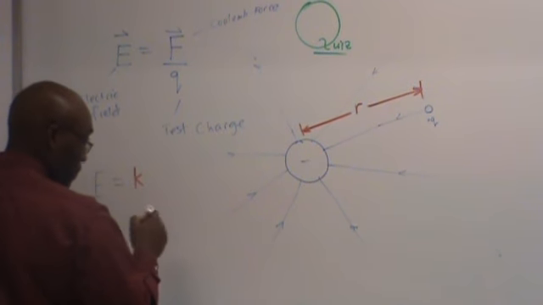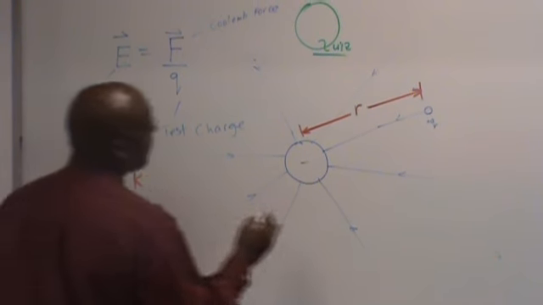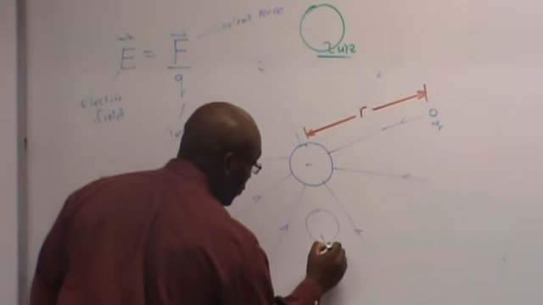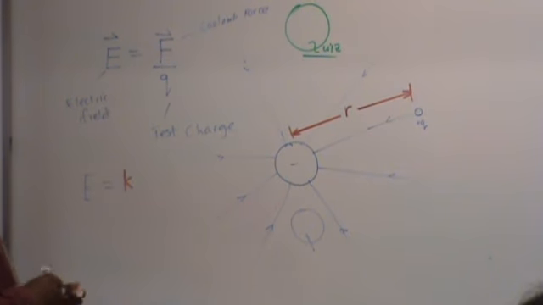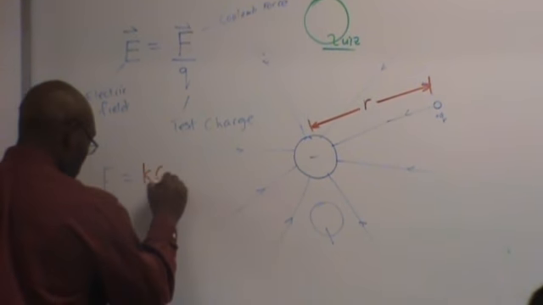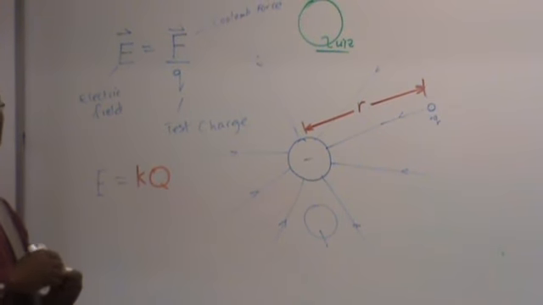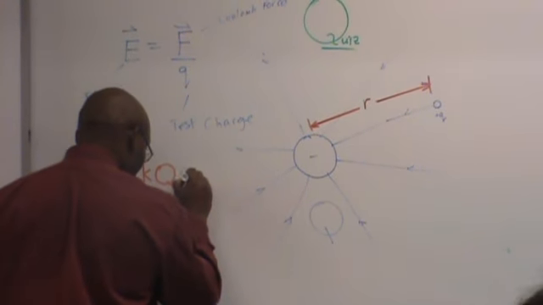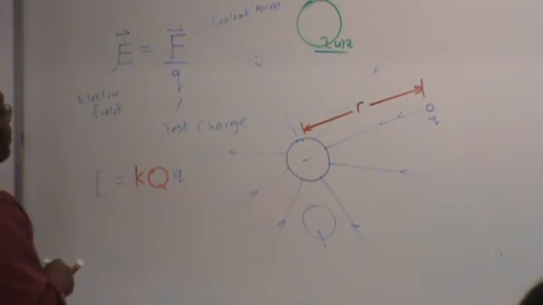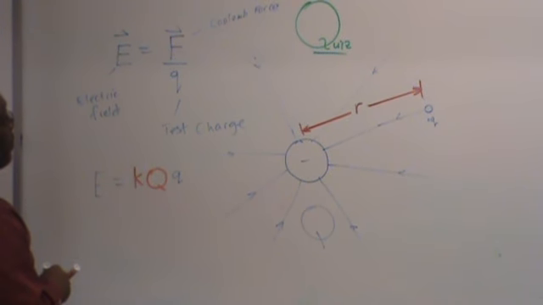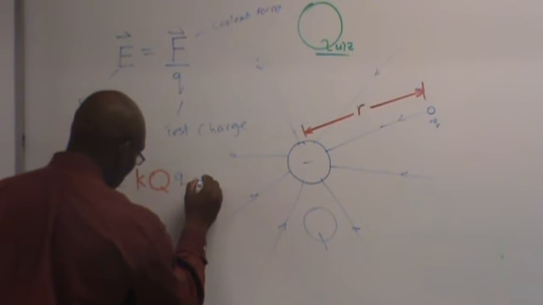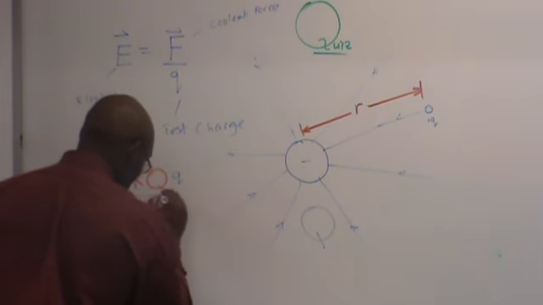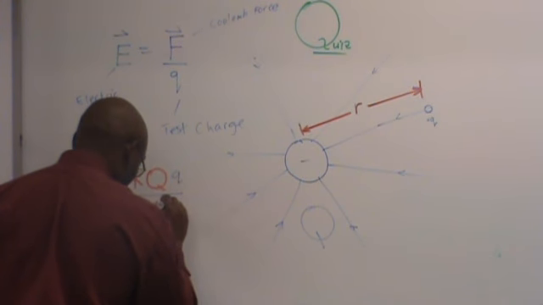K, let's call this big Q. Big Q times small q, divided by the distance squared, divided by r squared.